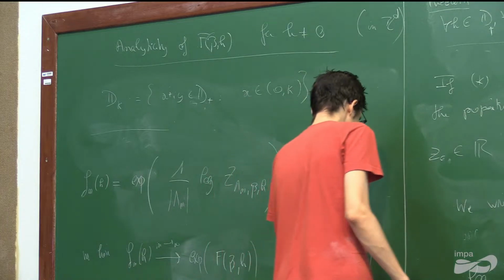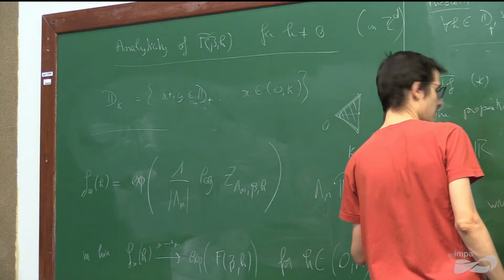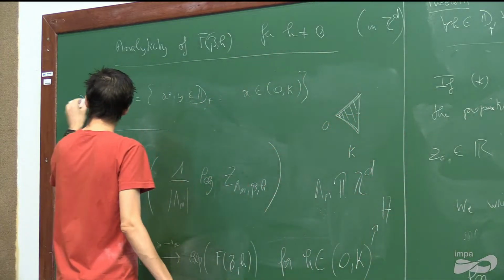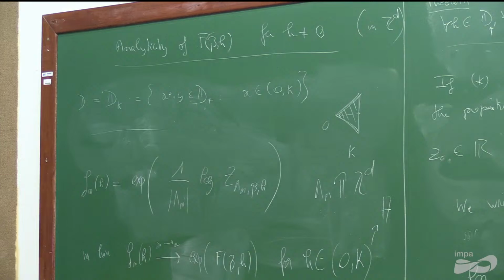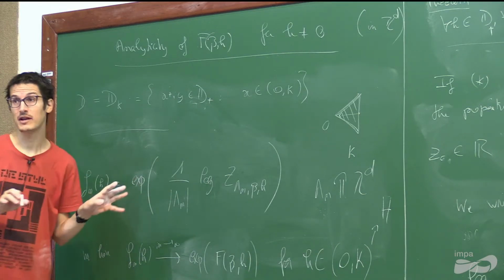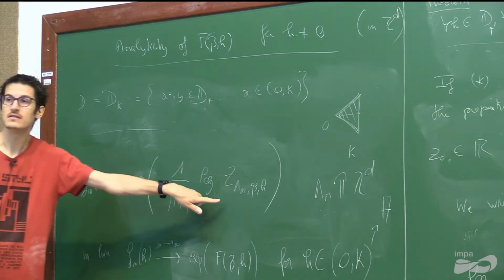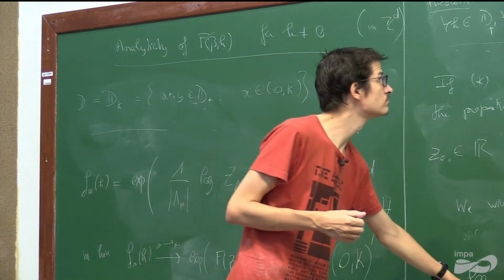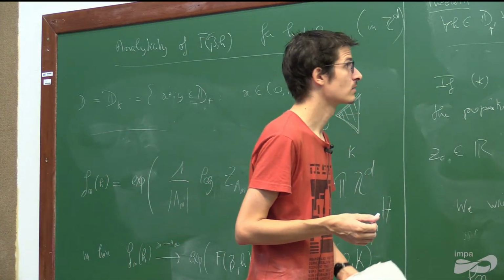This is our state h here. Now we just need to prove that F_n is uniformly bounded on D_K. And then we will have convergence of this, and from the convergence of the exponential, we still have to deduce the convergence of this.